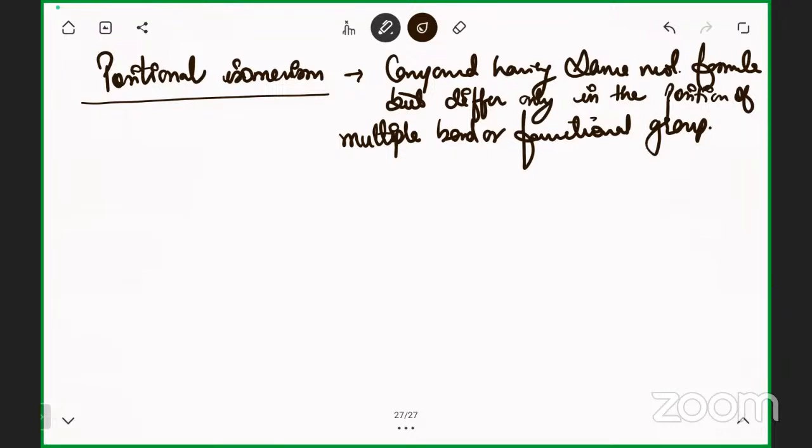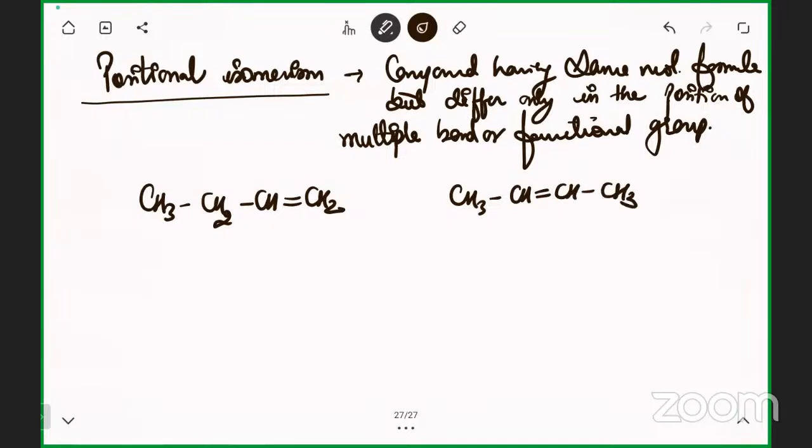Let's see some examples. Like I have CH3, CH2, CH double bond, CH2. What is the name of the compound? Both compounds: but-1-ene and but-2-ene.